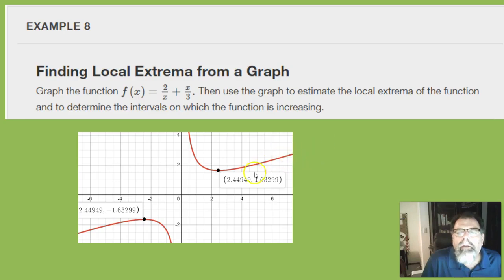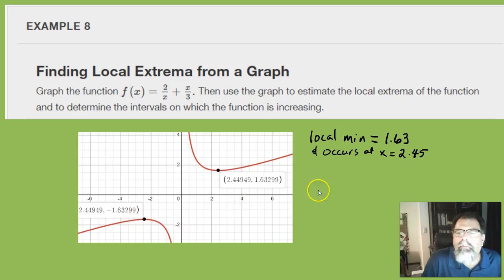So we have this one is a local minimum, local min is equal to 1.63. We'll just do 2 decimal places, and it occurs at x equals 2.45.